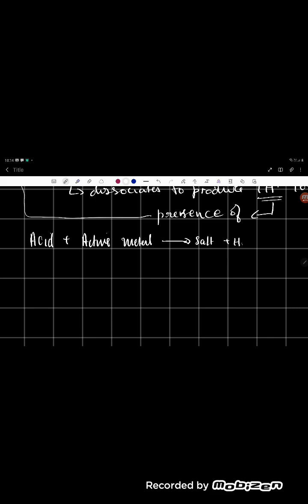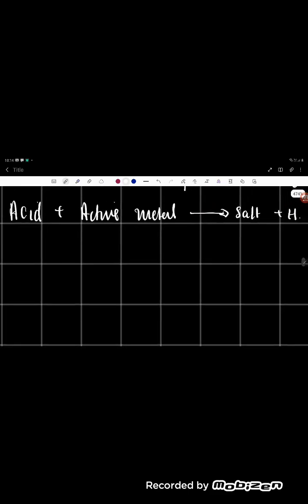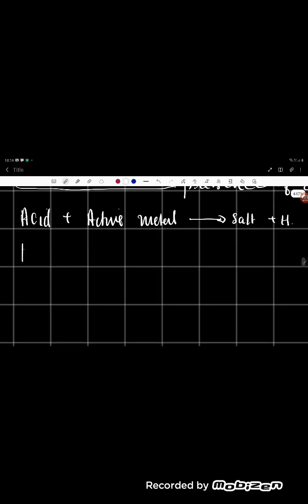Now since our chapter is about HCl, let's take the acid as HCl plus an active metal, let's take Zn. So 2HCl plus Zn gives you ZnCl2 plus H2.